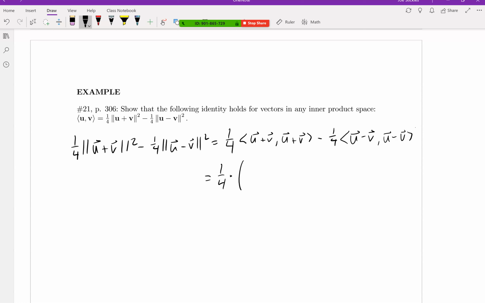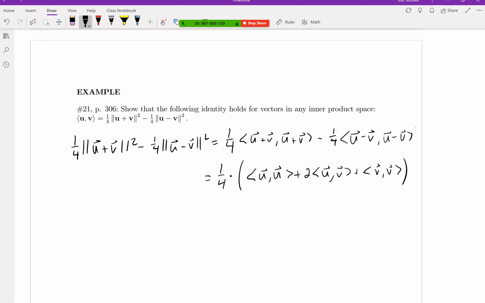And then again here, now that we have the distributivity ideas for the inner product, this is like foiling. So I'm going to do this quickly. I'll write it as u inner product with itself plus 2 times u inner product with v, and then plus v inner product with itself.